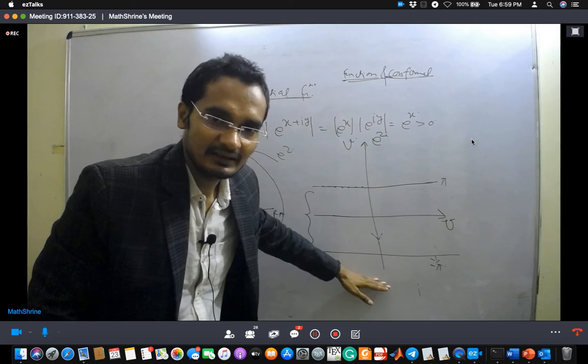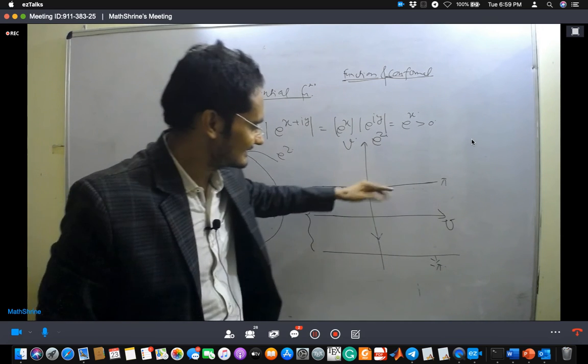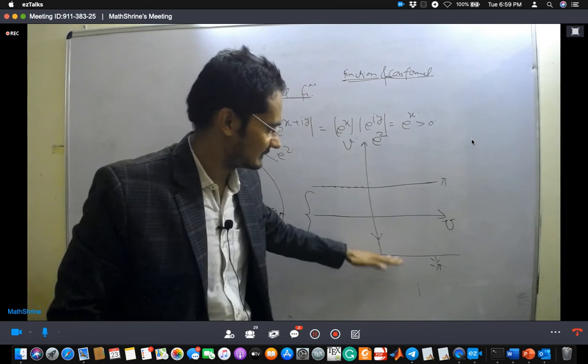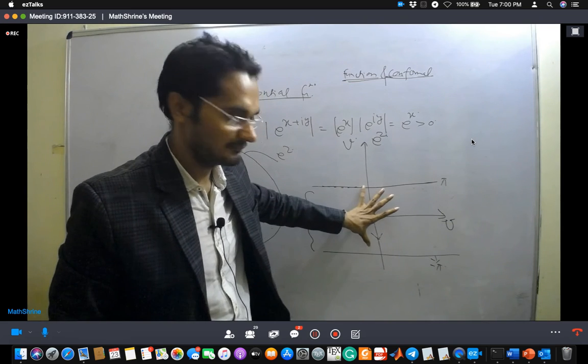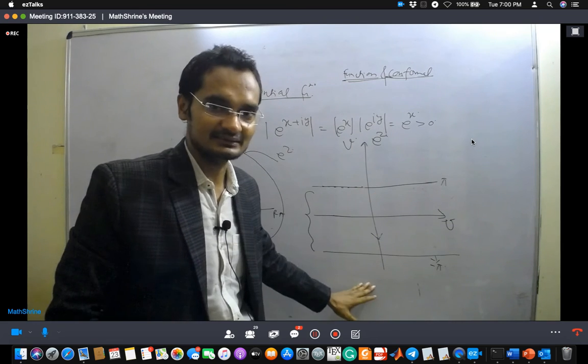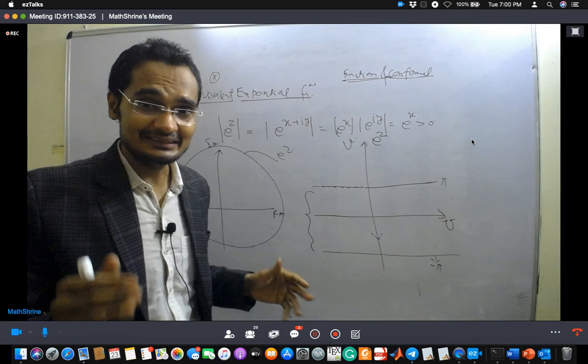So all the output of the complex plane under the exponential function will lie in this strip.